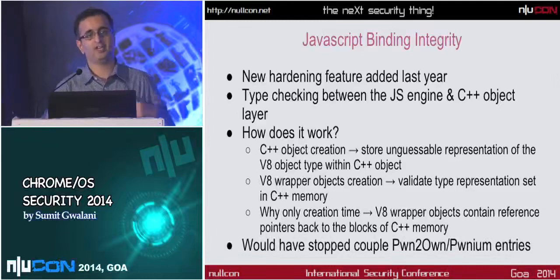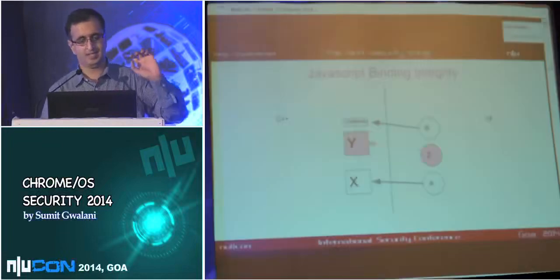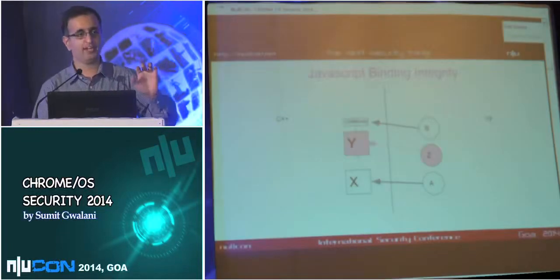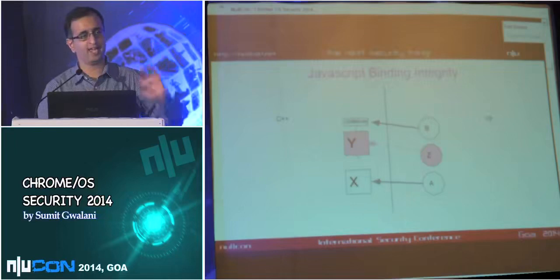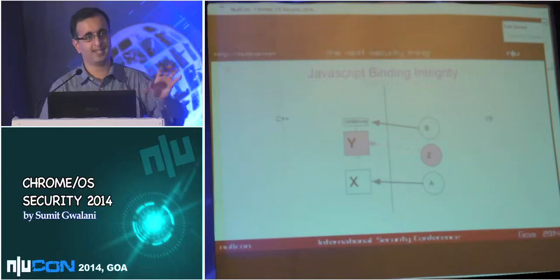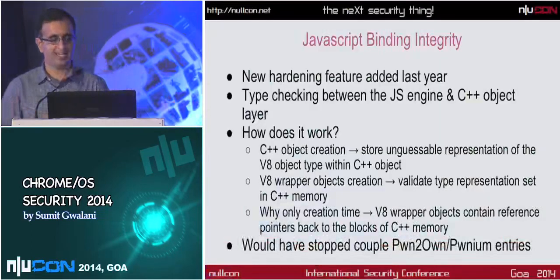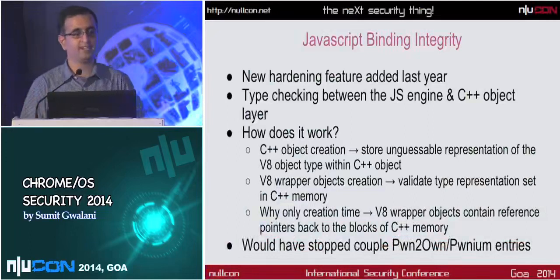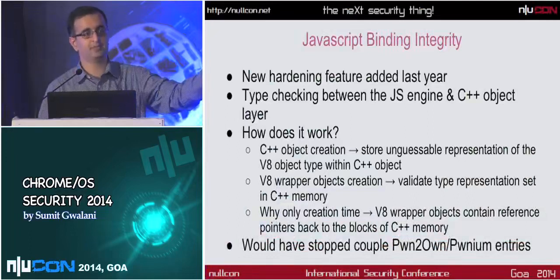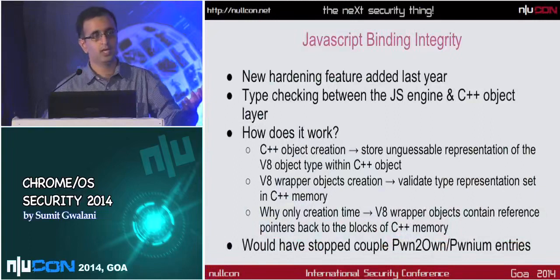Now, whenever you create a new wrapper, say in the previous case some other wrapper C was pointing to it and the reference from C to Y got lost. Now we try to create another wrapper when an attacker is trying to make Z as a JavaScript wrapper object point to Y. Z will need to validate that type representation set in the C++ object, which it will fail to.